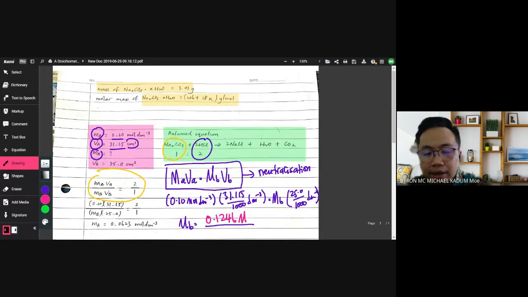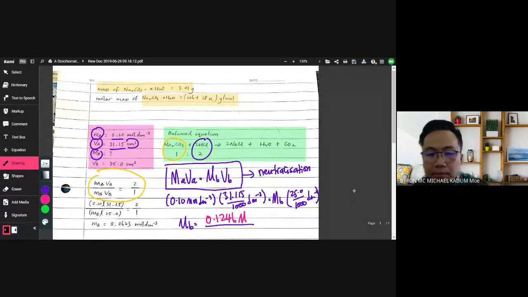Maksudnya, satu mol ini memerlukan 2 mol of your HCl. 1 mol of you punya base memerlukan 2 mol of you punya HCl. So what happened now? 0.1246 molar ini kamu akan bahagi dengan 2 lagi.